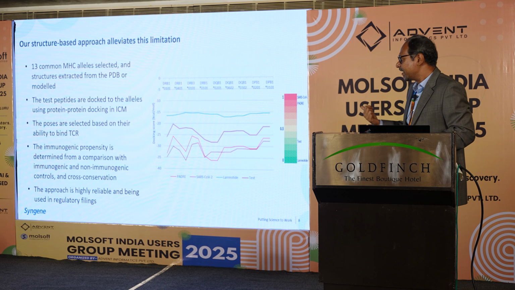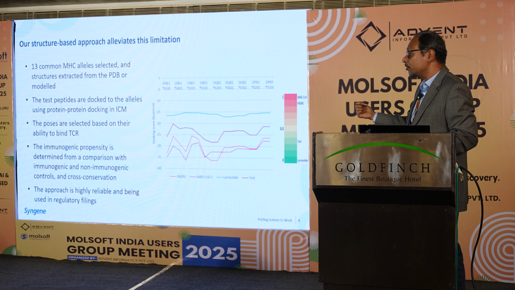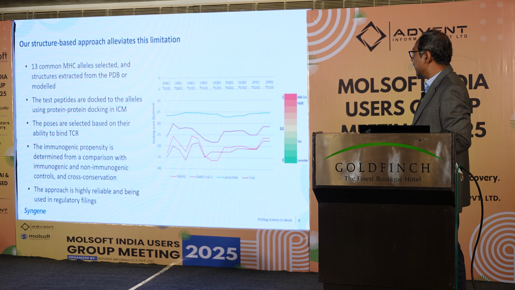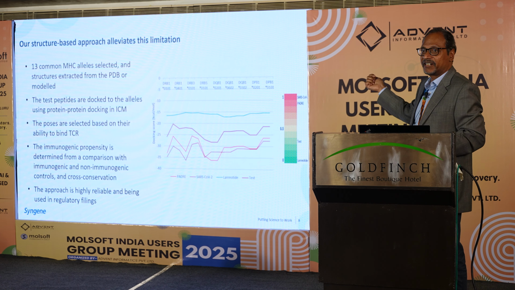If you see on the graph there, the bottom two are PADRE and SARS-CoV-2, highly immunogenic sequences. The green one is lanreotide, a safe therapeutic in the market. What we found was that if we took highly immunogenic sequences and clinically approved peptides, we actually saw a marked separation between them.